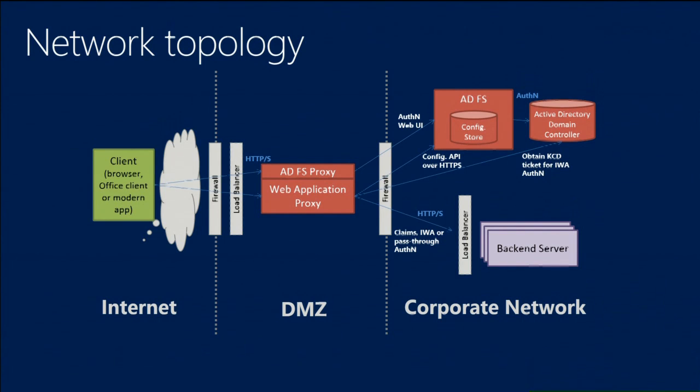So, a typical network topology environment: we have the DMZ or the perimeter, the web application proxy with the ADFS proxy component, and of course HTTP, HTTPS. In front of that, you typically have the load balancer in front of the web application proxy server. Now, we don't have any built-in load balancer capabilities.